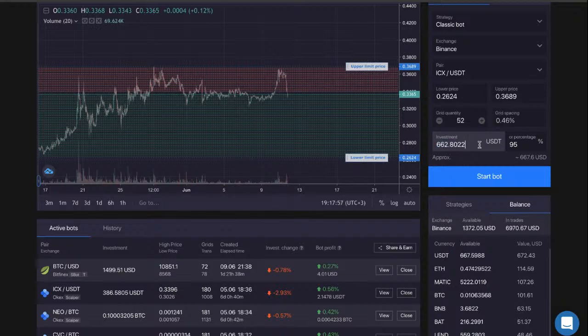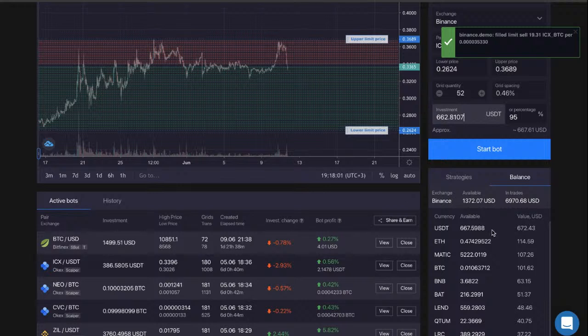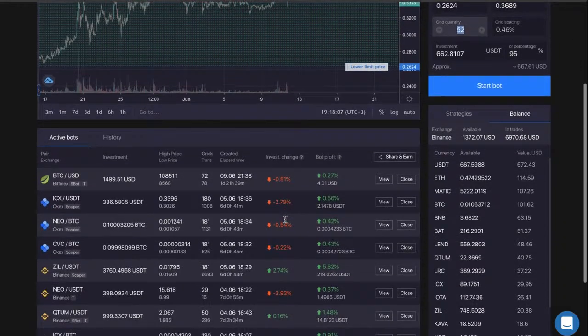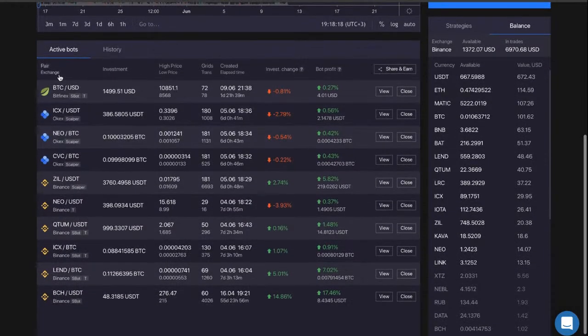So that's pretty simple. And if you want to initiate the bot with more of the grid levels, then in this case, make sure that you take some balance out of your currently trading bots.